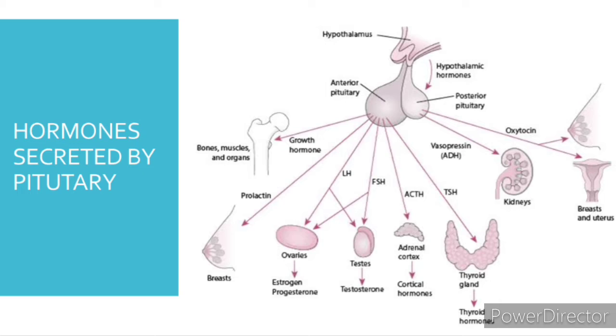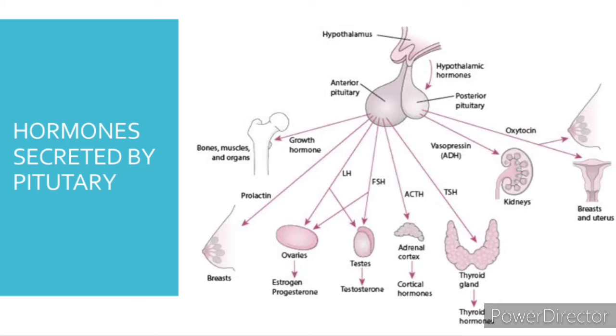So oxytocin contracts the uterus, and it is also associated with ejection of milk. You can clearly see in the diagram, right? And vasopressin is associated with the kidney, and it decreases the rate of urine formation.